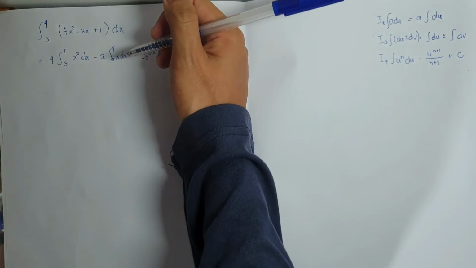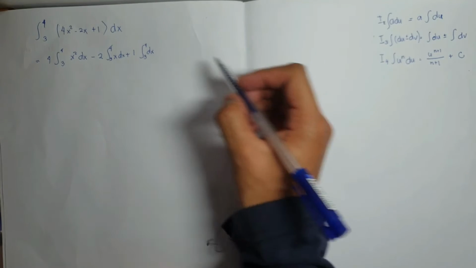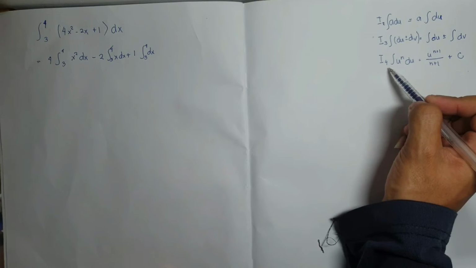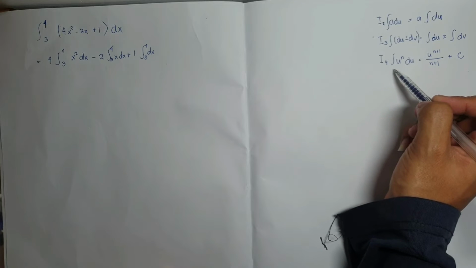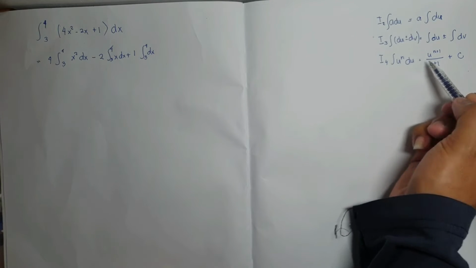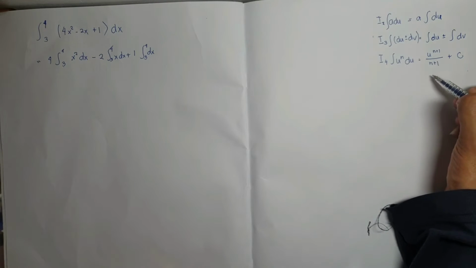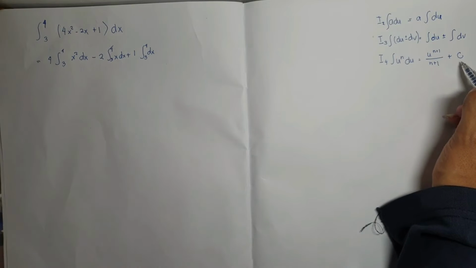After this, we will use integral rule number 4, which is the integral of u raised to the power of n du equals u raised to the power of n plus 1 over n plus 1, plus c.